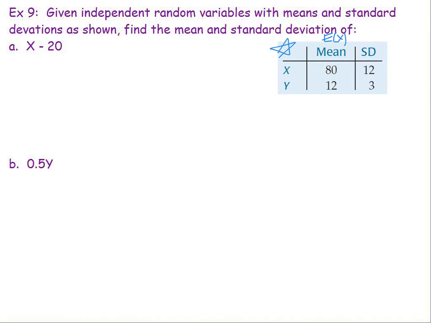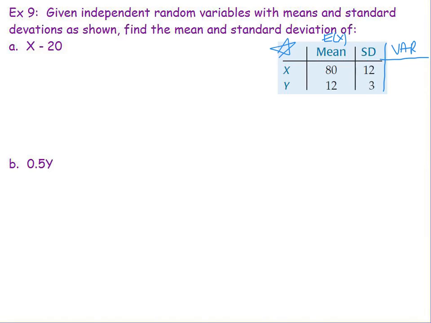Well, one thing that we need to realize first, if you think back at all 6 of the formulas we just looked at, standard deviation wasn't mentioned anywhere. We need to know, so I'm going to add in a column here, we need to know the variance for X and Y. Well, if you remember from our previous lesson, if we know variance, we square root the variance to find standard deviation.